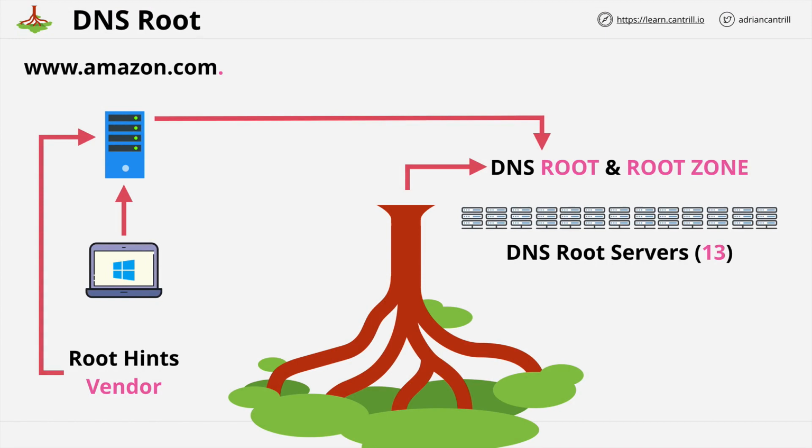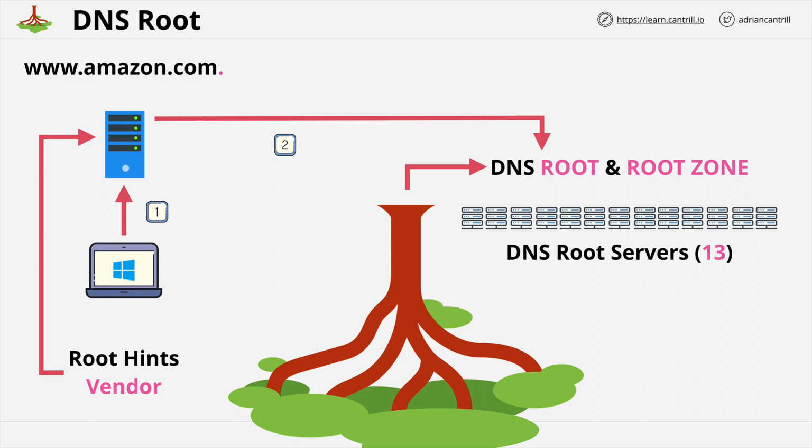So step 1 is that your DNS client asks a DNS resolver for the IP address of a given DNS name. In this example, www.amazon.com. Step 2 is that using this root hints file, the DNS resolver communicates with one or more of the root servers to access the root zone and begin the process of finding the IP address.